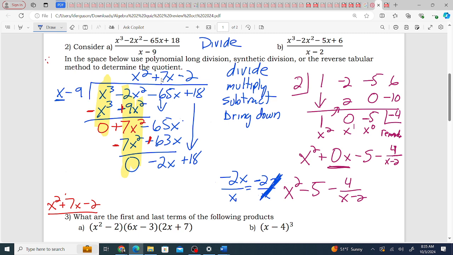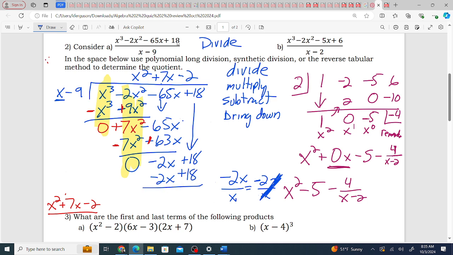That's the next step. So negative 2 times x, negative 2x. A negative 2 times a negative 9, that'd be positive 18.